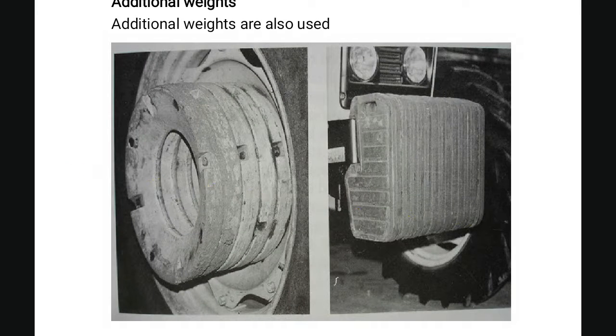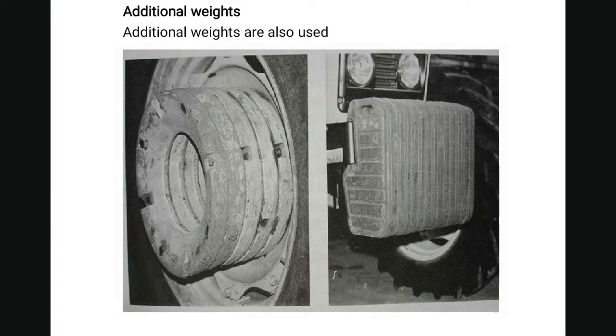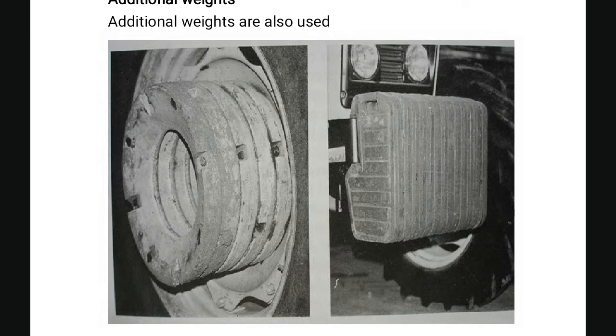These are the additional weights added for ballasting purposes. These are two photographs: in one, additional weight is added to the rear wheel, and in the other, additional weight is added to the front of the tractor.